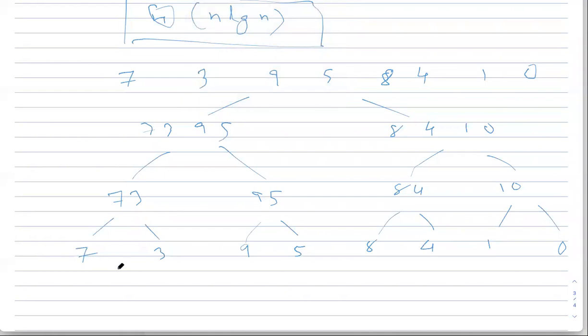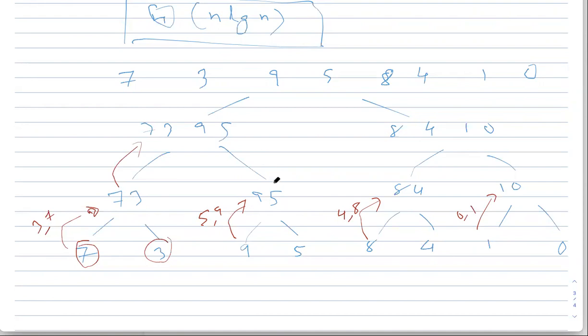So then we are merging. We take this and this. By merging, we get not 7, 3, we get 3, 7. By merging, we get 5, 9. By merging, we get 4, 8. By merging, we get 0, 1, correct?